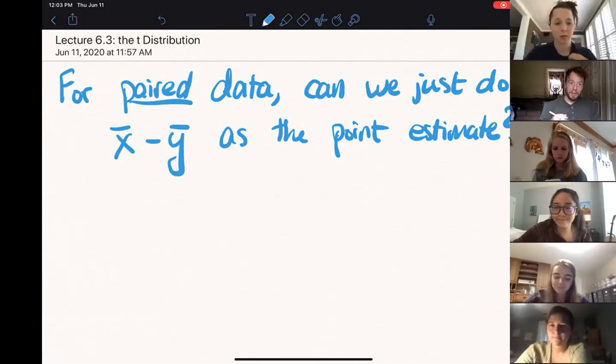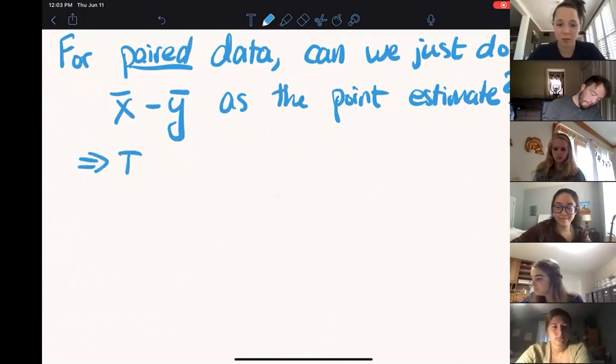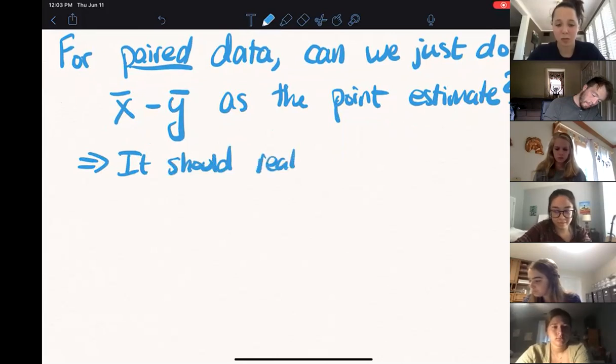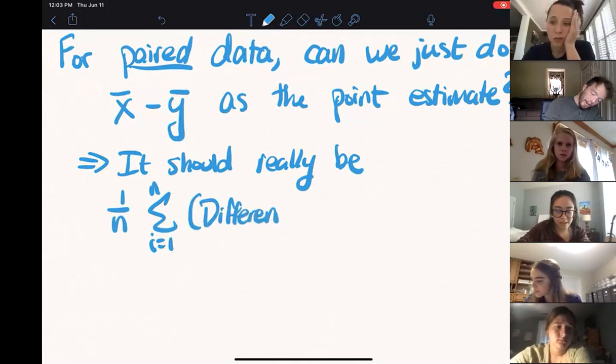So the point estimate for the differences should really be the average of the differences. So you get all of those difference values and you calculate their average.